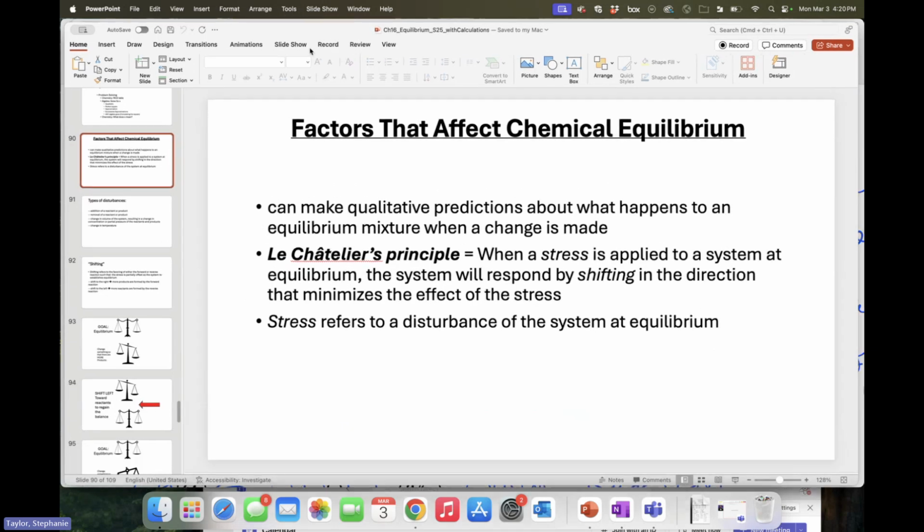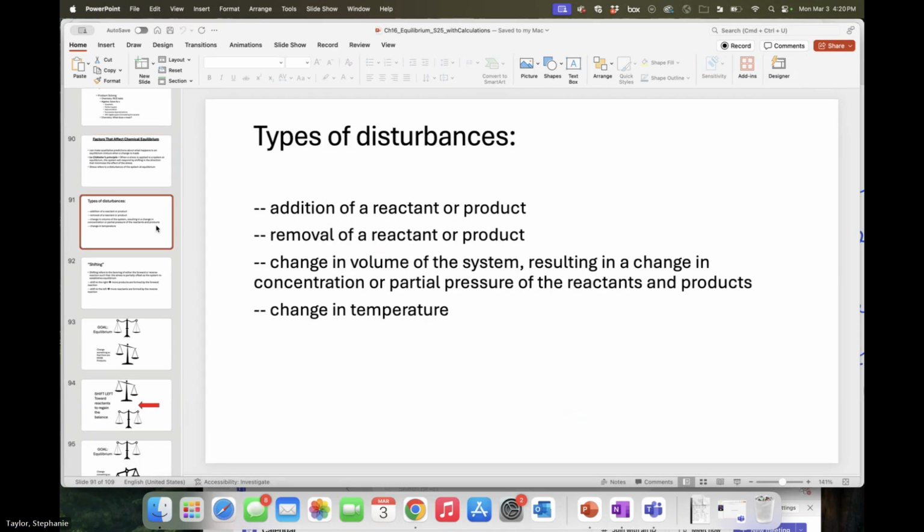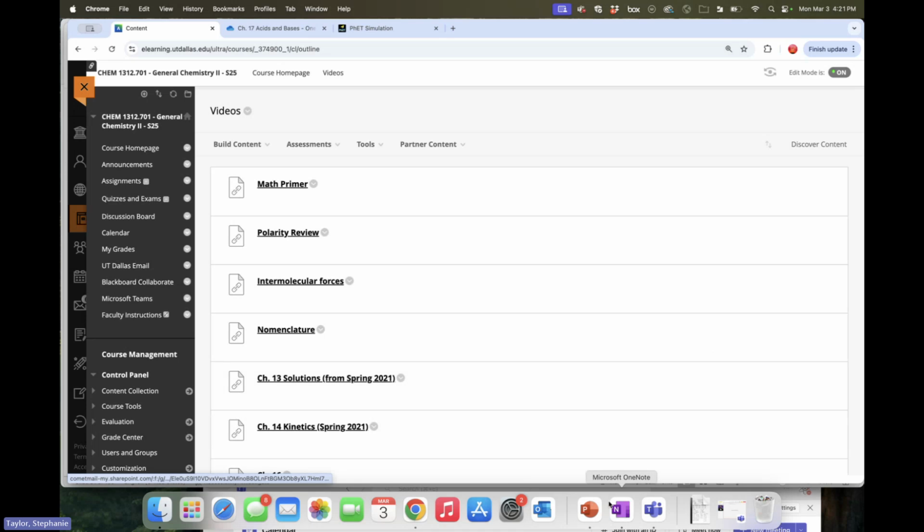So factors that affect chemical equilibria: addition of a reactant or product, removal of a reactant or product. We did those, and we did change in temperature. We did not do change in volume. So we can talk about change in volume, since that's the only other thing that does affect Le Chatelier's principle.